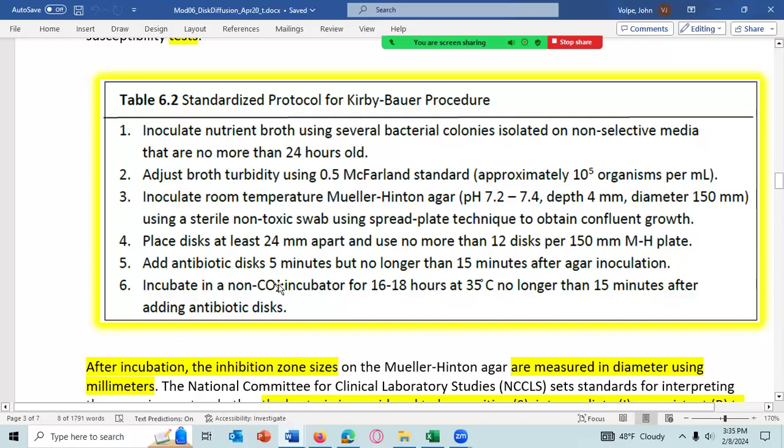And the antibiotic disc, like I said, has to be added 5 minutes after putting on the bacteria and no longer than 15 minutes after putting the bacteria on the agar. You then incubate the plates no longer than 15 minutes after adding the antibiotic, and you put them in a non-CO2 incubator for 16 to 18 hours to grow at 35 degrees Celsius.